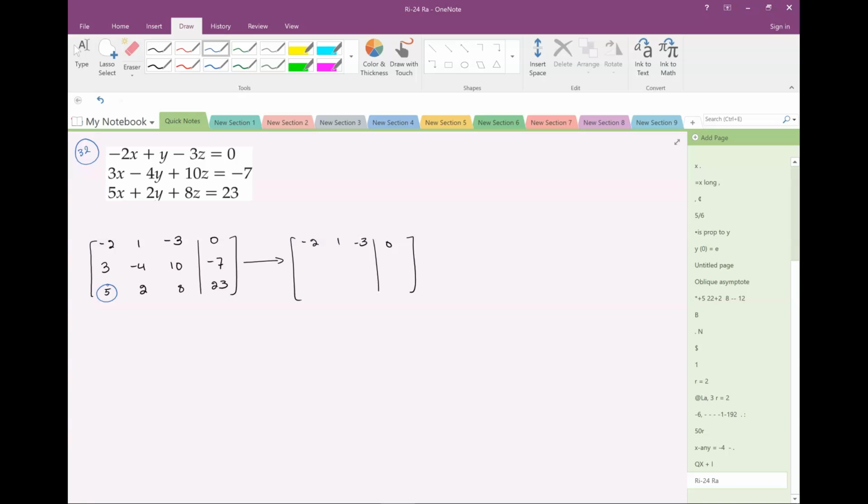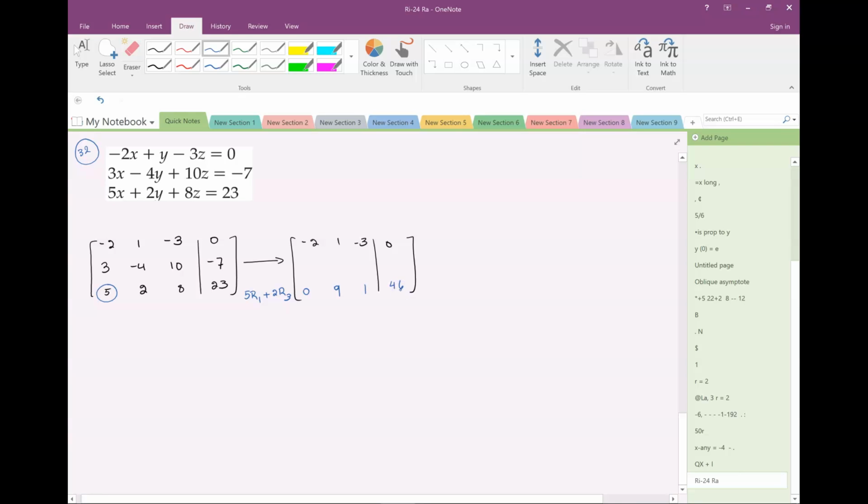So 5 row 1 plus 2 row 3. Yes? Okay. So 0. And then 5 plus 4 is 9. Negative 15 plus 16 is 1. 0 and then 26, 46.